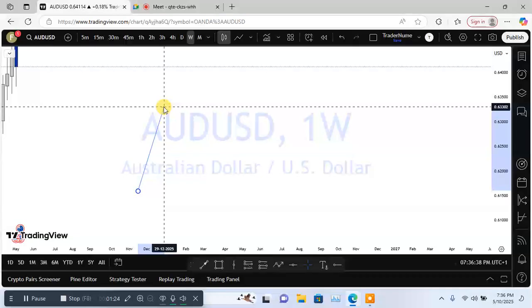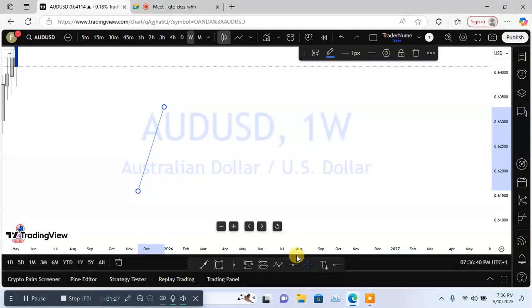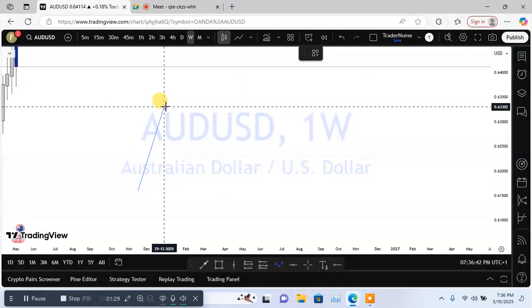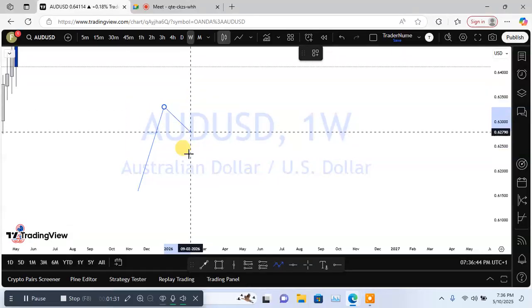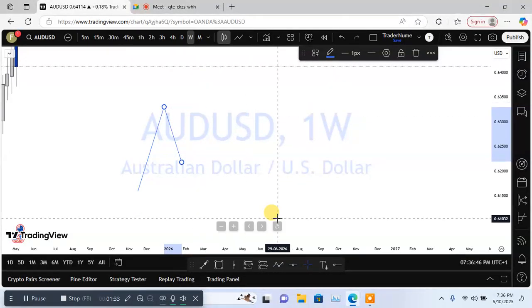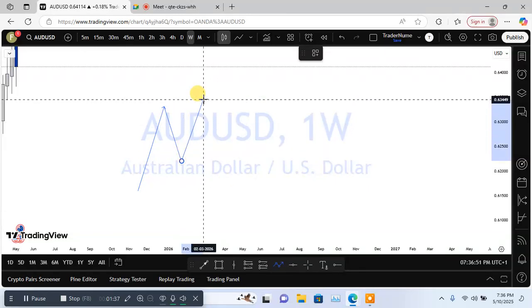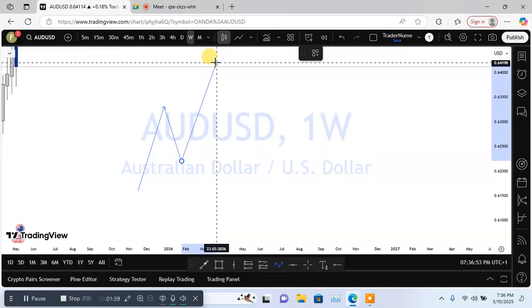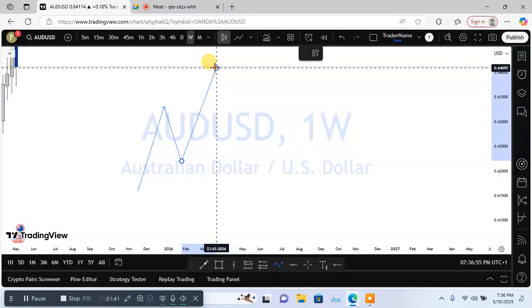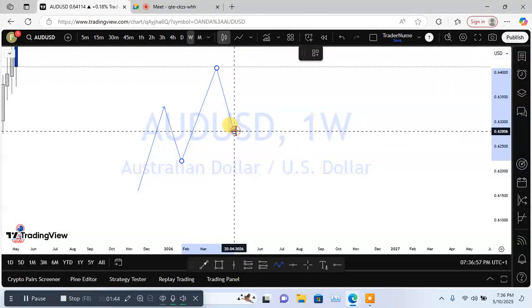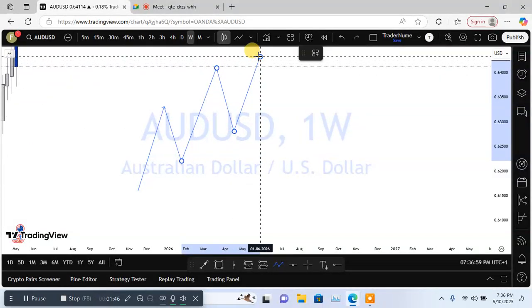Market just goes up, comes down, it moves in zigzag form, it goes up again, and it comes down again. So that's how market moves, right?